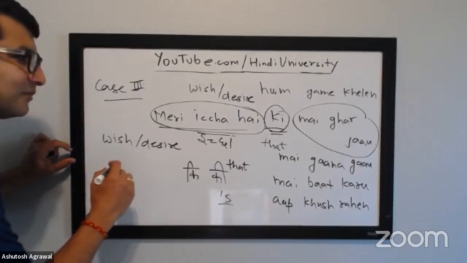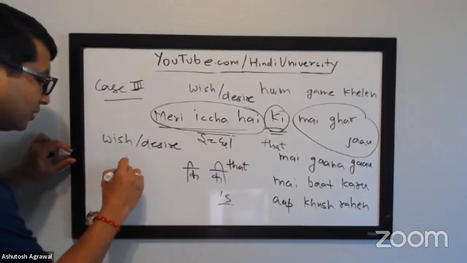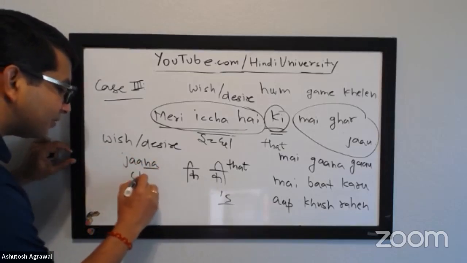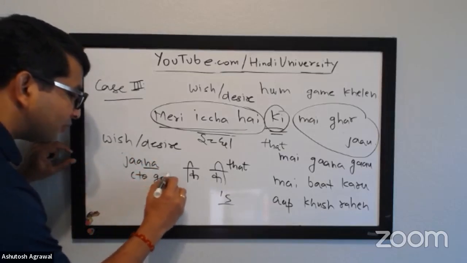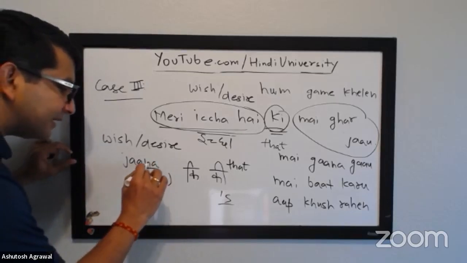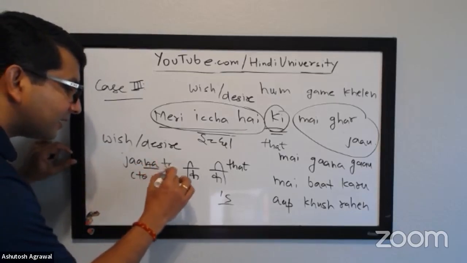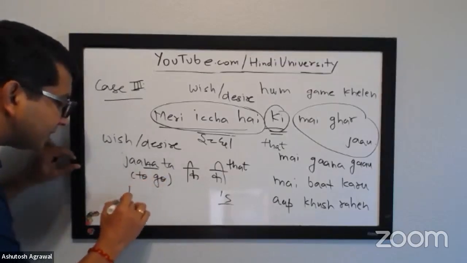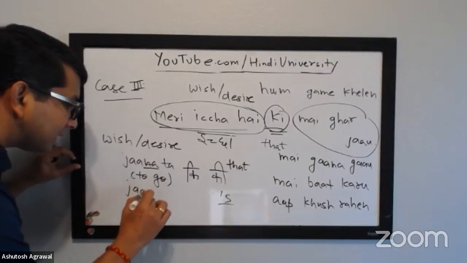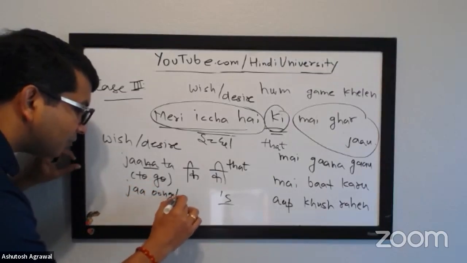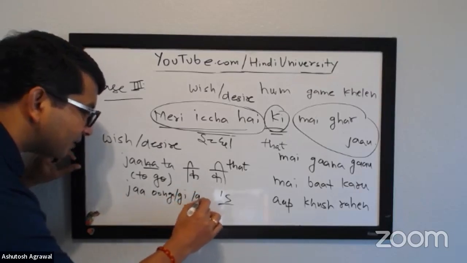So just to give you the context, as you know, the verb is jana, to go. Even if you don't know the future indefinite, the present indefinite would be jata, jati, and jate, right? For future indefinite, instead of ta, te, ti, it's unga, ungi, and unge.